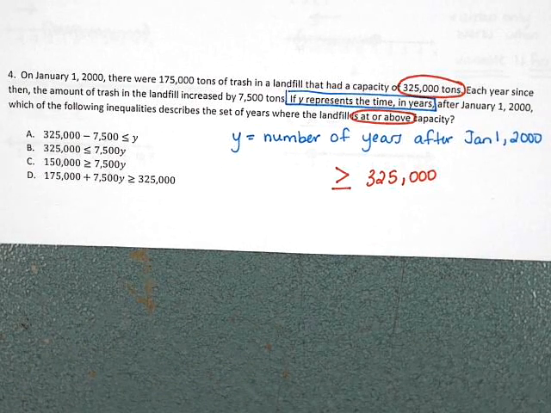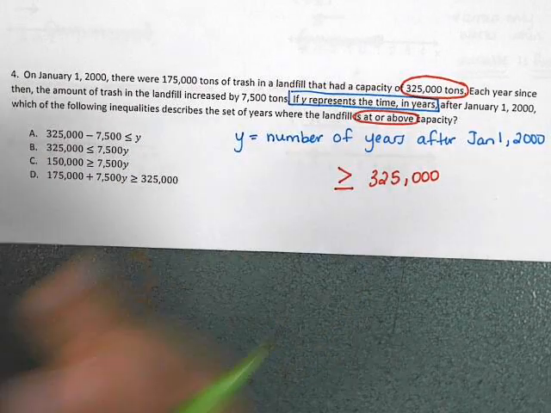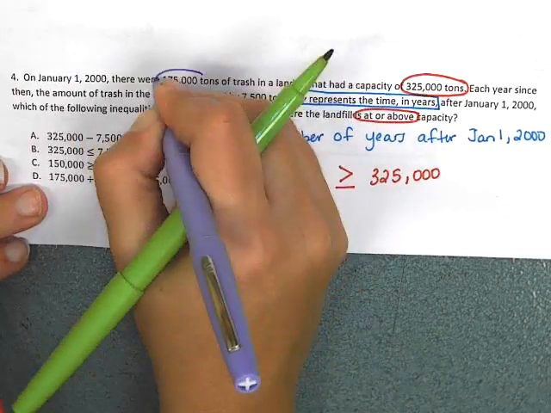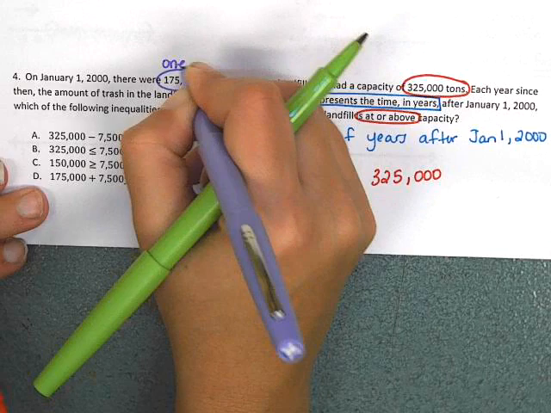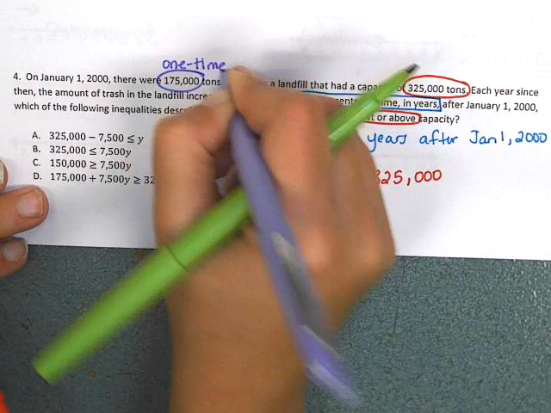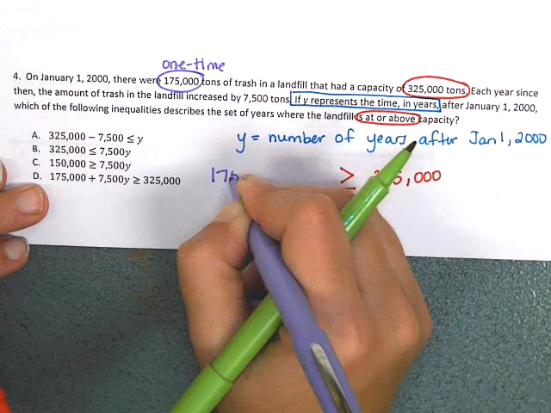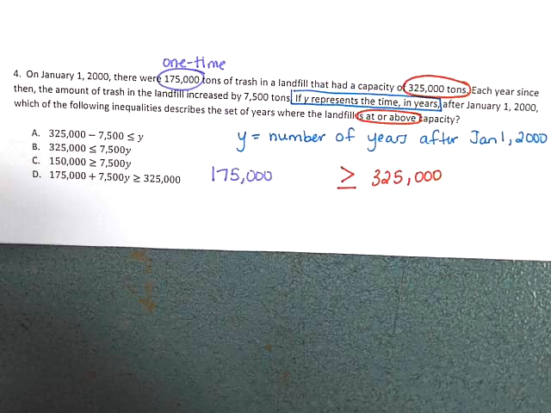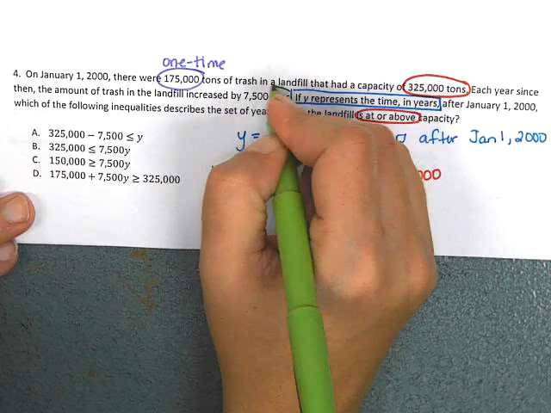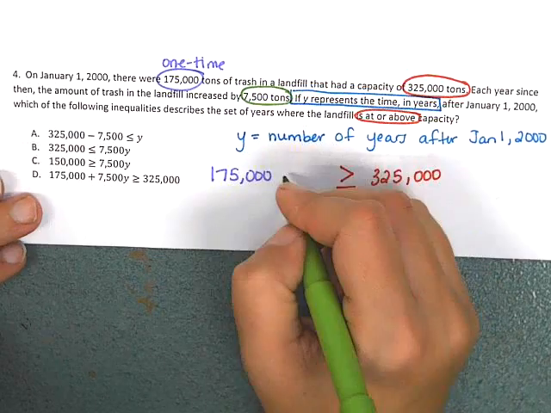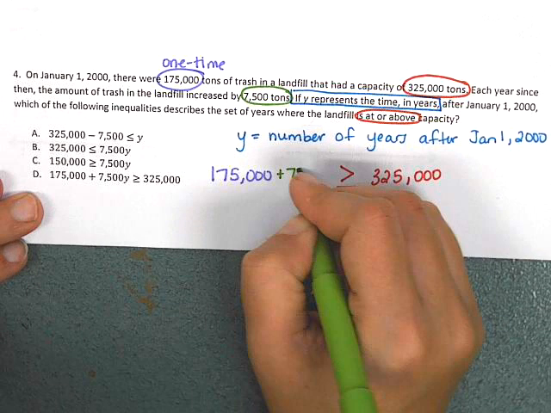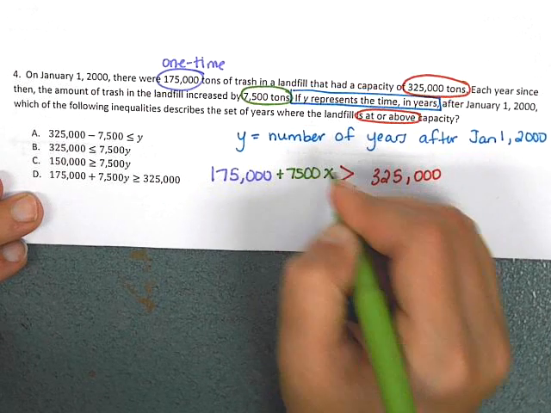Now, how can I figure out how to set this up? Well, it tells me that I started with 175,000 tons. So this is a one-time thing. So I would say 175,000. And each year I add 7,500. So plus 7,500 y.